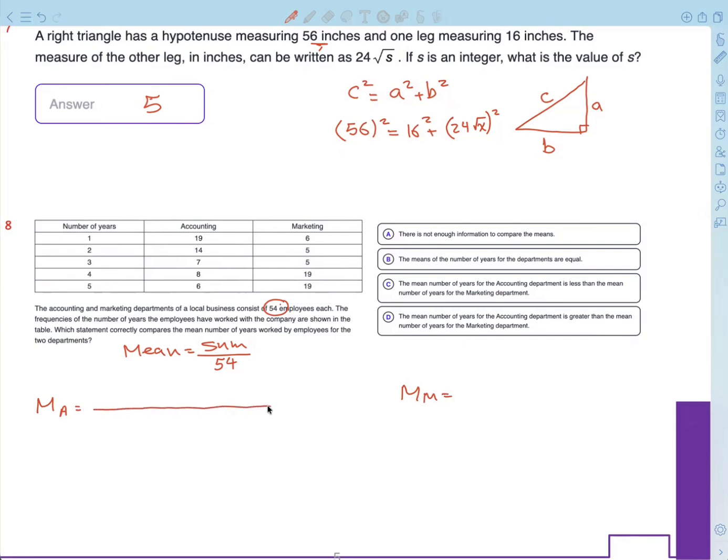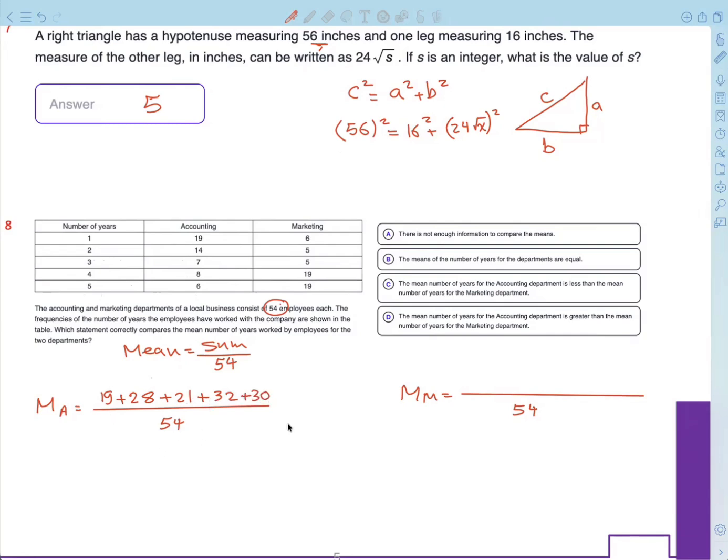Fraction sign, over 54. How can we find their sum? Their sum for accounting or marketing, not 19 plus 14 plus 7 plus 8 plus 6. No, it's 1 times 19. So the number of repetitions is 1 times 19, which is 19, plus 2 times 14, which is 28, plus 3 times 7, which is 21, plus 4 times 8, which is 32, plus 5 times 6, which equals 30.